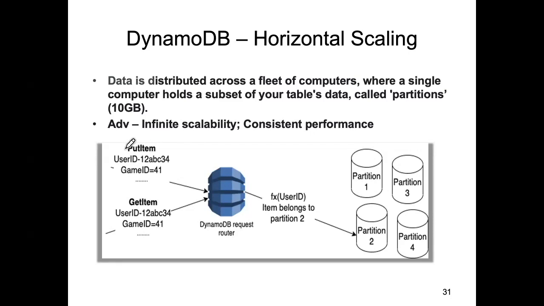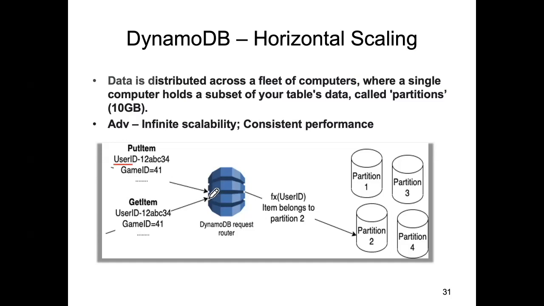And we decided a few slides back that that table's primary key is a combination of a partition key, which we chose user ID to be, and a sort key. And we decided that the game ID would be the sort key. The important one here, though, is the user ID. We've decided that that is the partition key for this particular table.